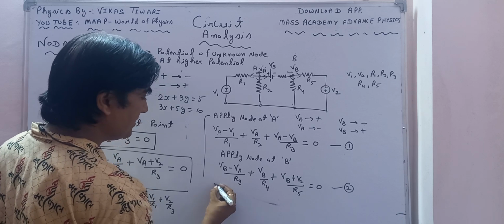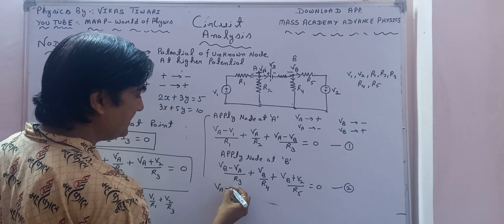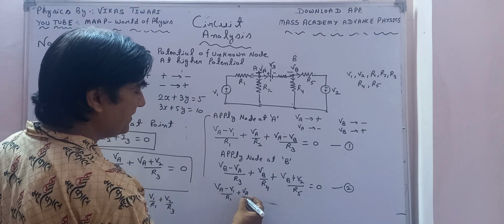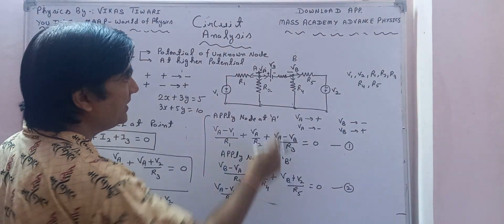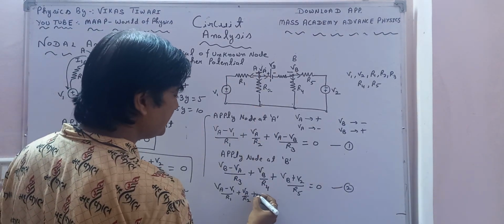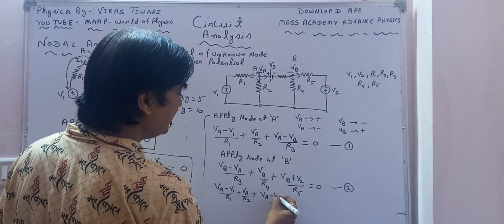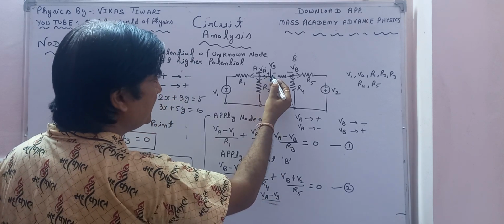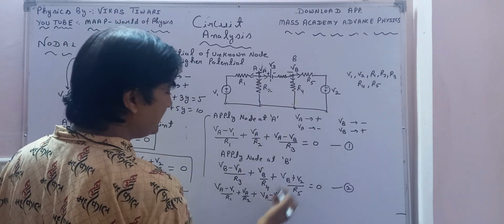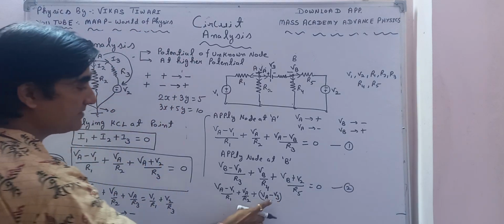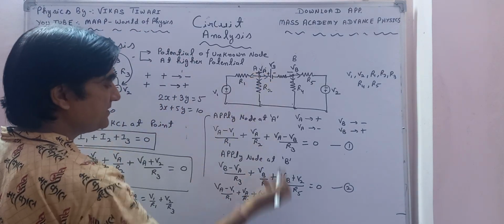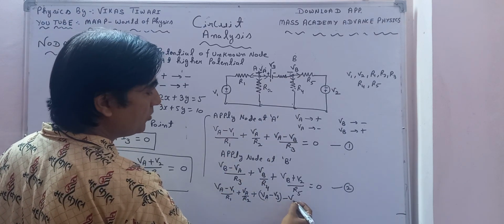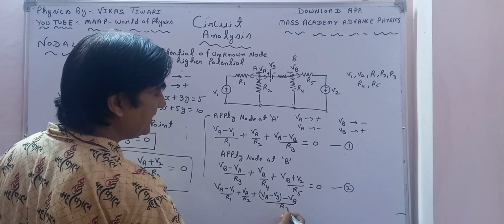So I will say for this term VA minus V1 upon R1, plus VA upon R2, and for this one plus is facing plus, so I will write VA minus V3, by the rule of plus and plus, and the B point is at the negative terminal, lower potential, so VB upon R3, and it is equal to 0.